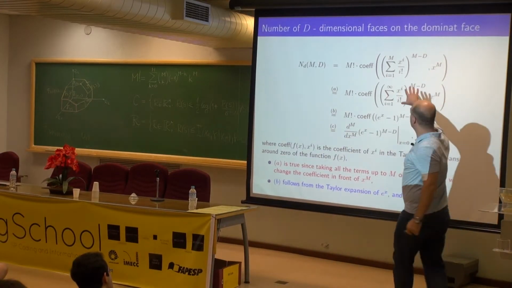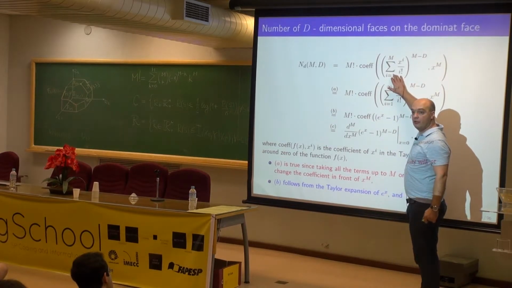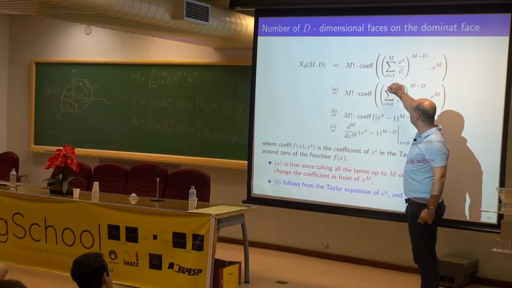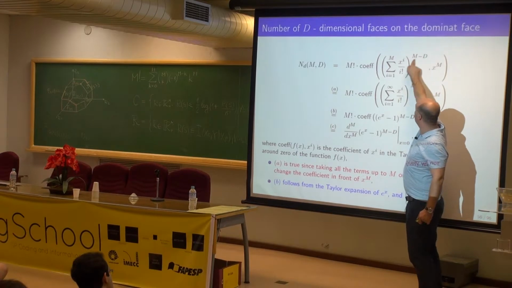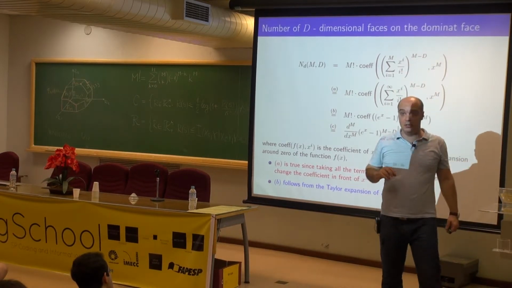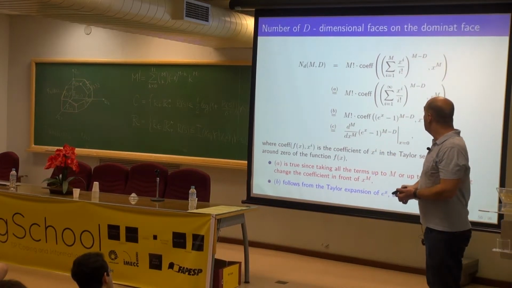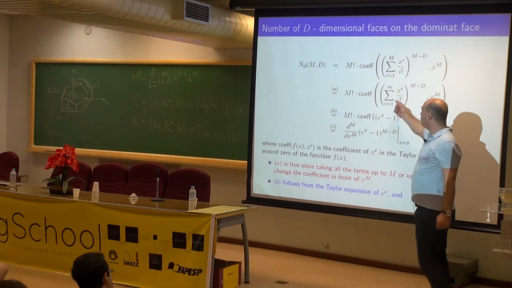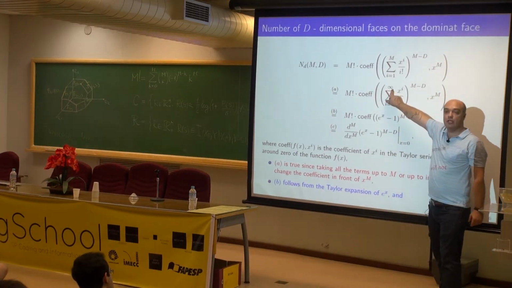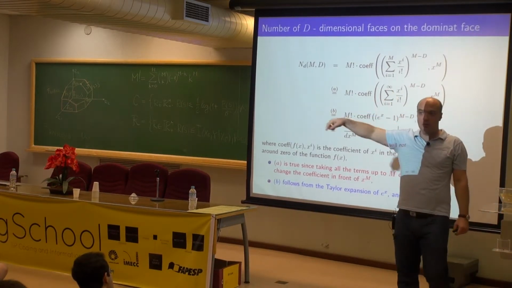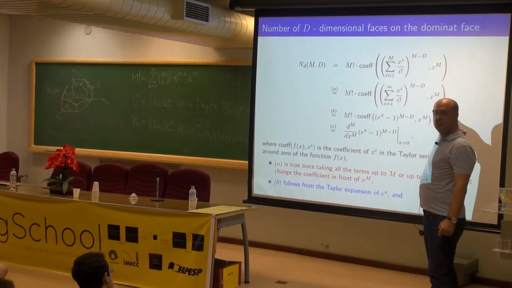So we need only what coefficient do we have in front of x to the n. So don't forget here we have a power. It's not trivial. And then look here. We can just continue to infinity. It will not change the n coefficient.